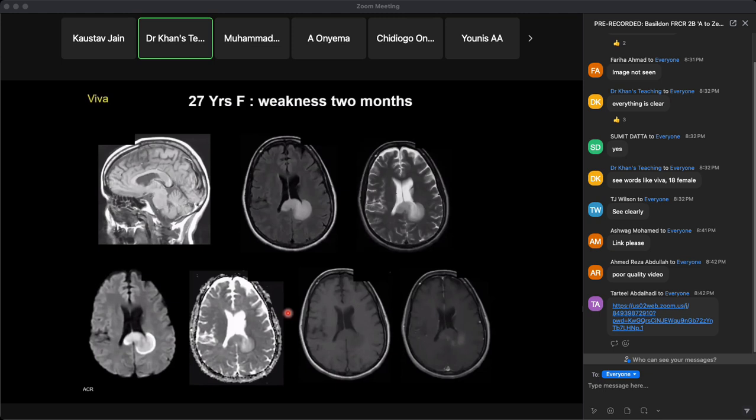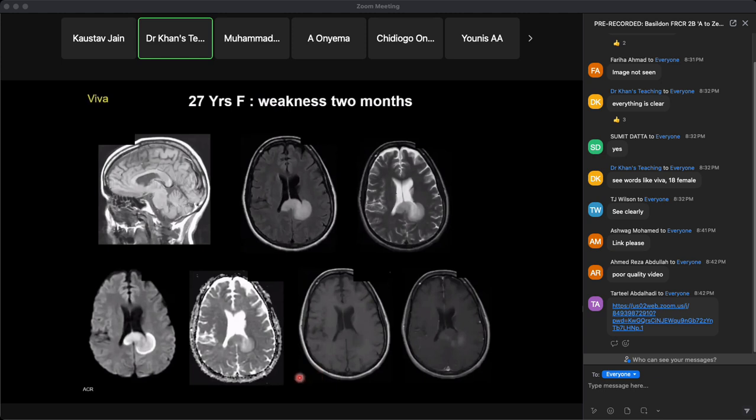On DWI B1000, there is a horseshoe restriction, and that's genuine when mapped with the ADC. And on the post-contrast series, this does show enhancement in a horseshoe configuration. So this is consistent with an active tumefactive MS.